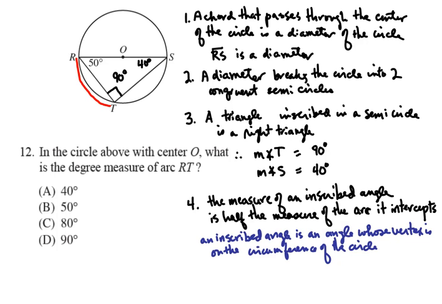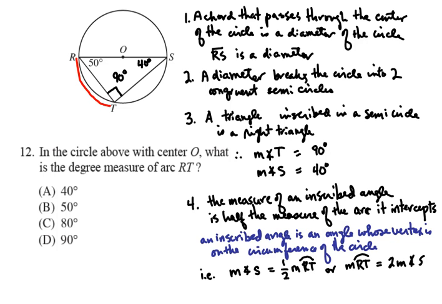So the measure of arc RT is going to be 2 times the measure of angle S. The way that the property is stated is that the measure of an inscribed angle is half the measure of the arc it intercepts, or the measure of the arc will be 2 times the measure of the inscribed angle.